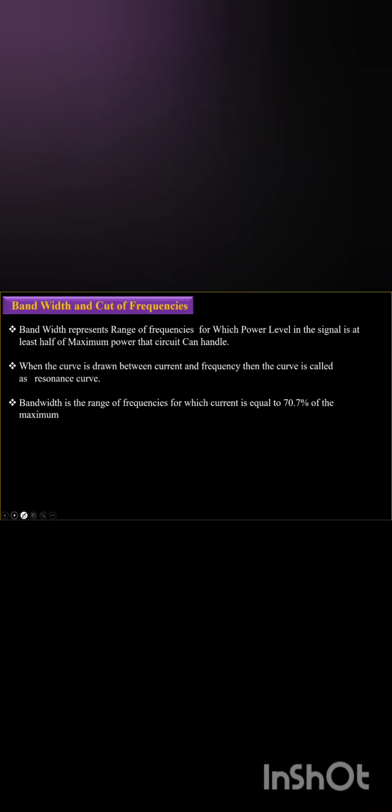Next, I have to define the bandwidth and cutoff frequencies in a series resonance circuit.